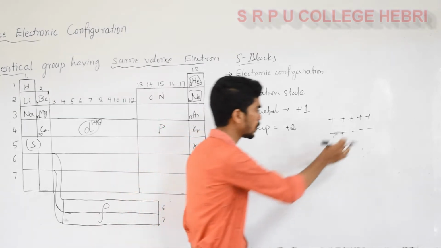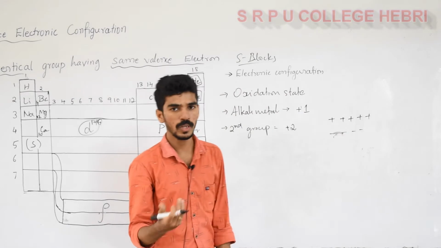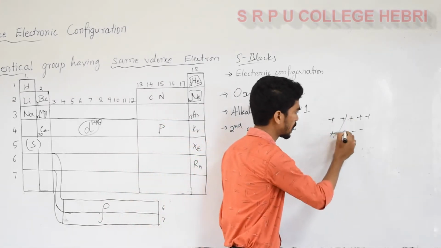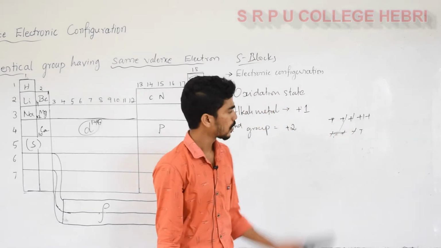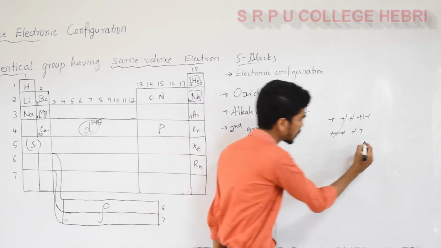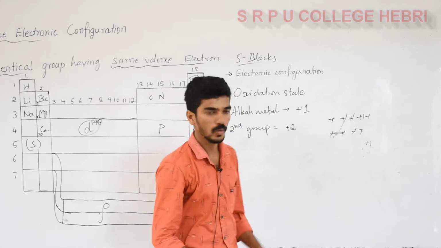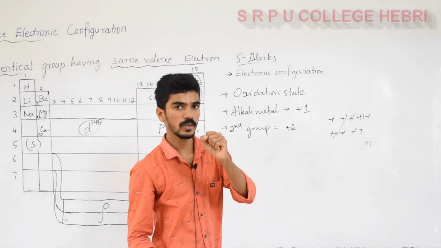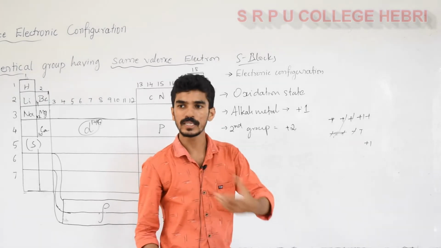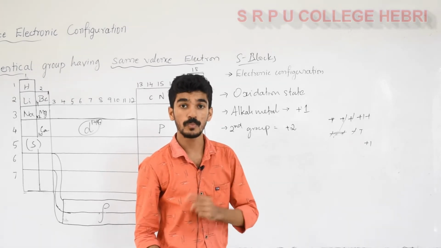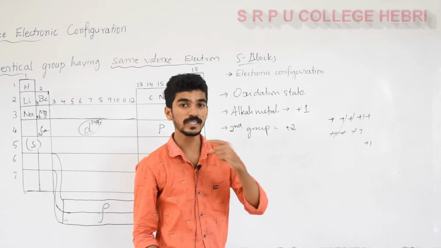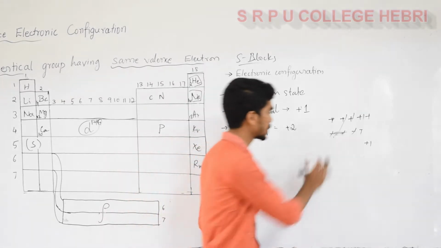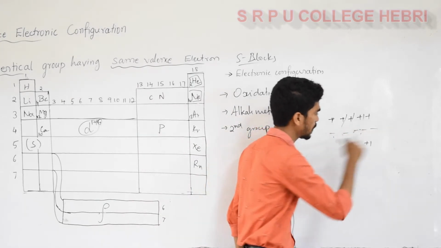If we lose one electron, the net sum is that 4 plus charges are cancelled by 4 minus charges. What remains? +1. So one thing is sure: if one electron is lost, it produces a positive charge. If one electron is added, it becomes minus. See, there are 5 minus charges.